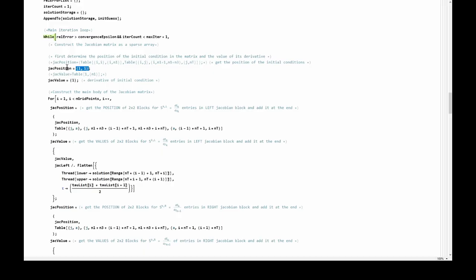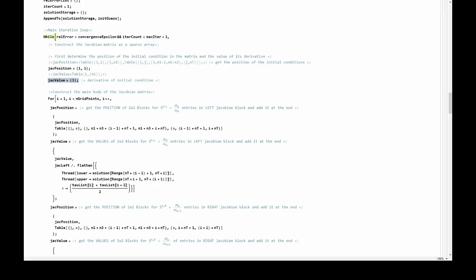This part that we're dealing with now. So the initial condition is of course positioned at matrix element 1, 1, and we have the value of 1 because this is the derivative of the initial condition.